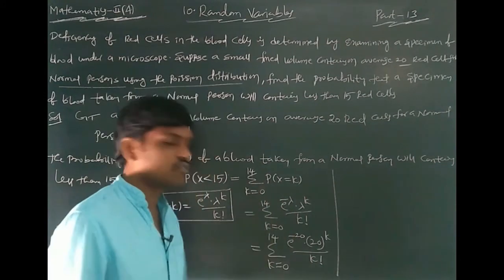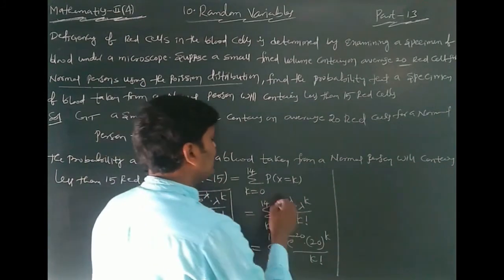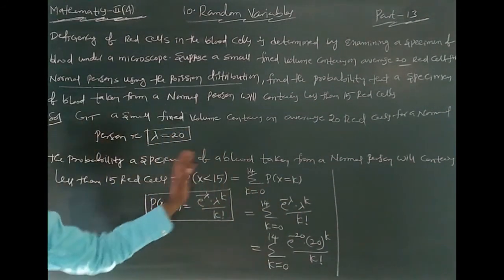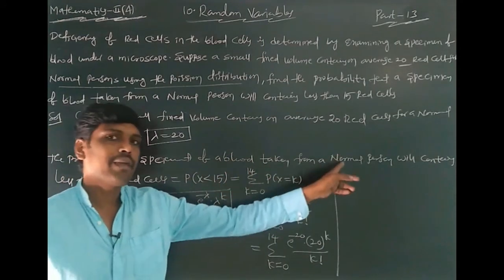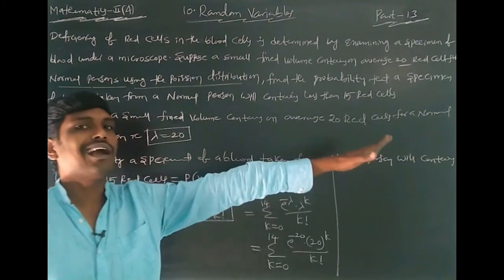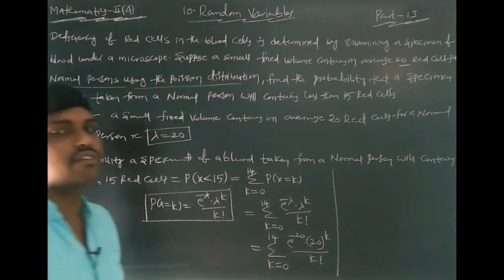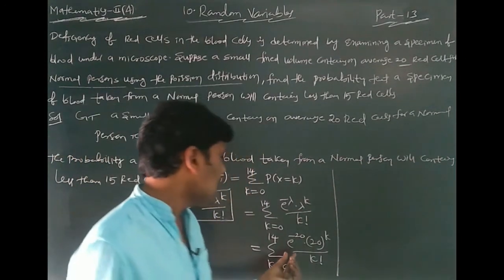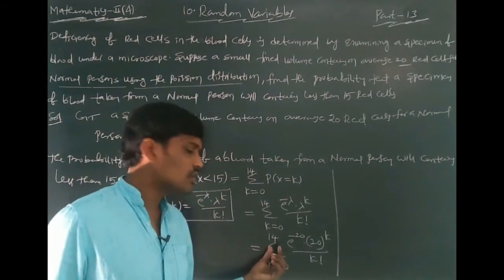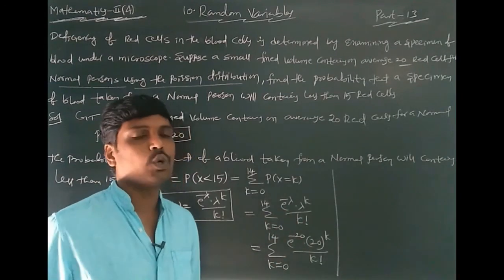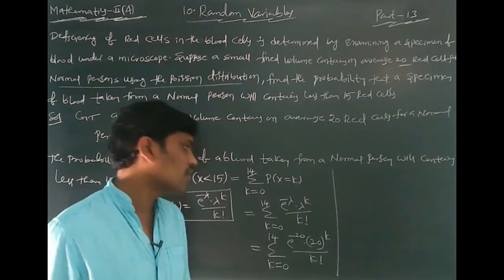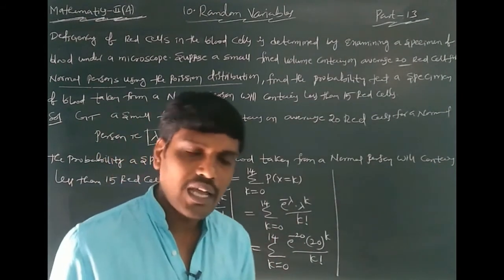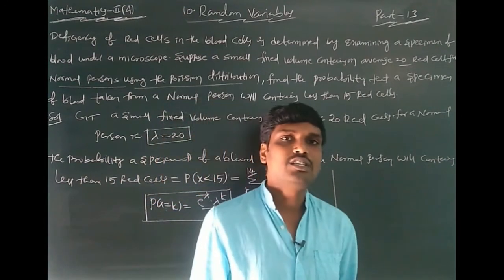This is the simplest form. This is the probability that a blood sample taken from a normal person will contain less than 15 red cells: summation of k equal to 0 to 14 of e power minus 20 into 20 power k by k factorial. Understood or not? This is a Poisson distribution.